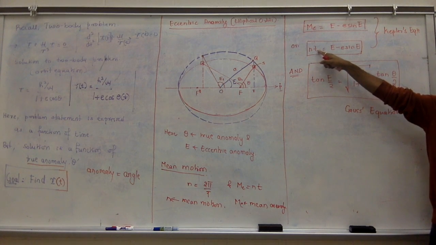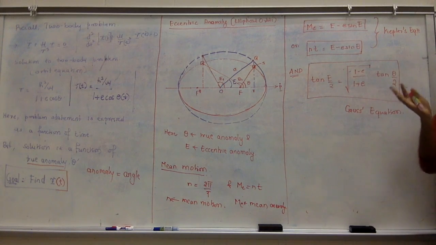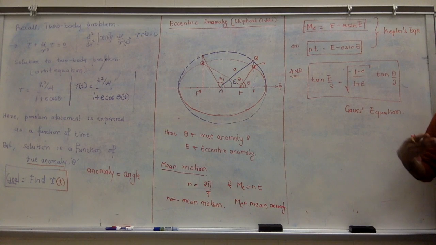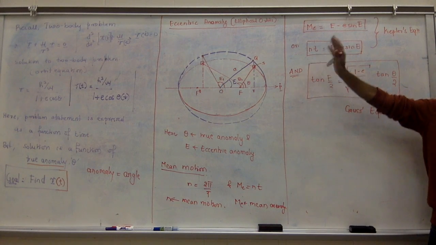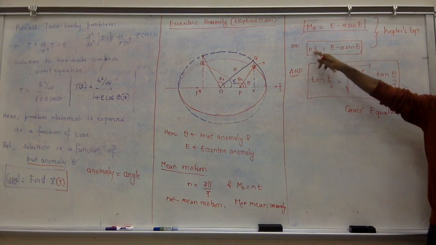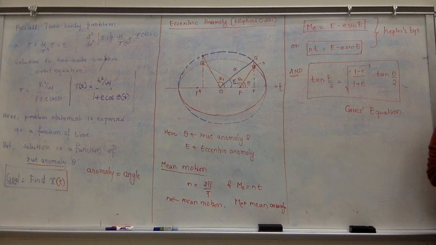This time is what? The time it's going to take from moving from one position to the other. And that's what we want to figure out. So if you're just keeping track of time, that's it, nothing more. If we know the mean motion, you keep track of time, you will know the eccentric anomaly.